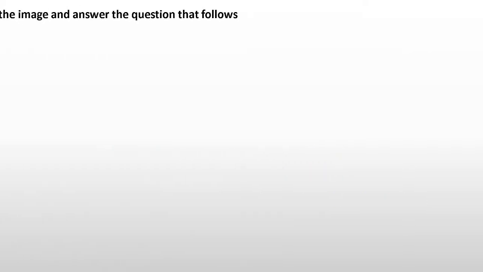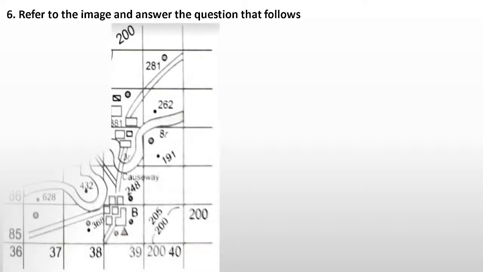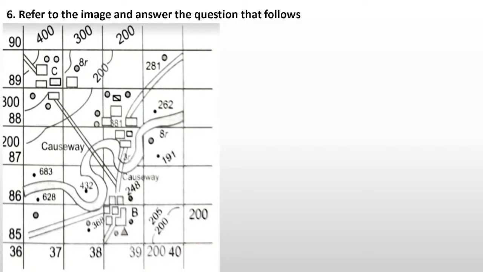Going to the next question, refer to the image and answer the question. Look at this image and the question is, what types of wells are observed in the settlement C?